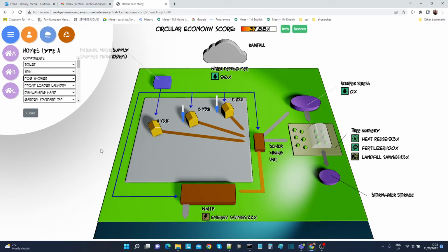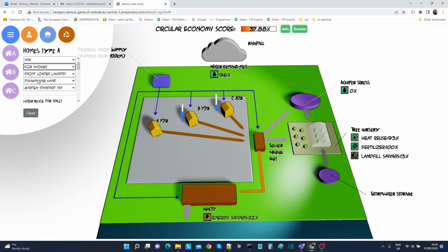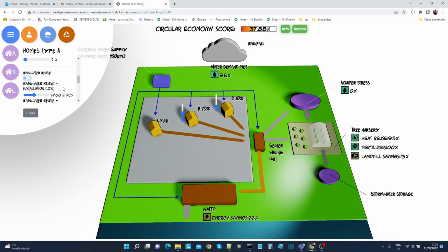So it looks like overall there are combinations of technologies to use with sewer mining, but also at the level of the household. If I, for example, use rainwater harvesting in every single household, we will also save on the water demand and other aspects of the circular economy.